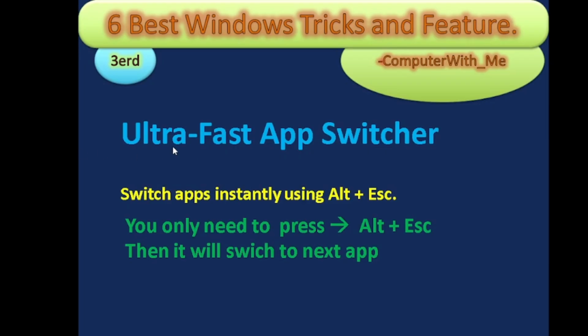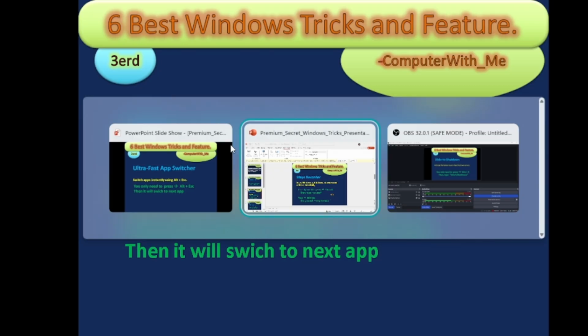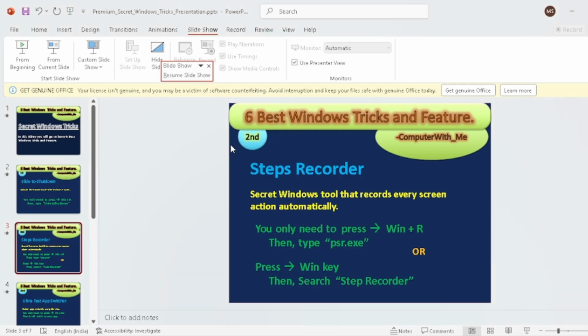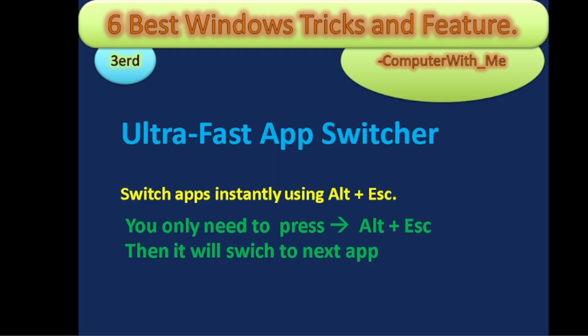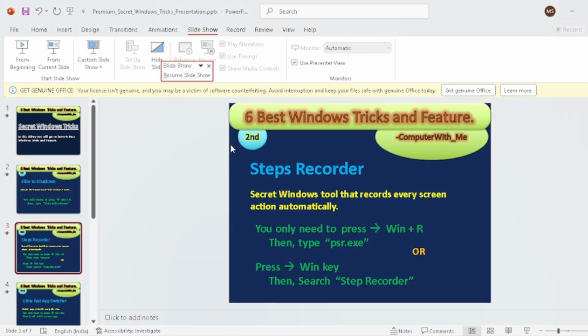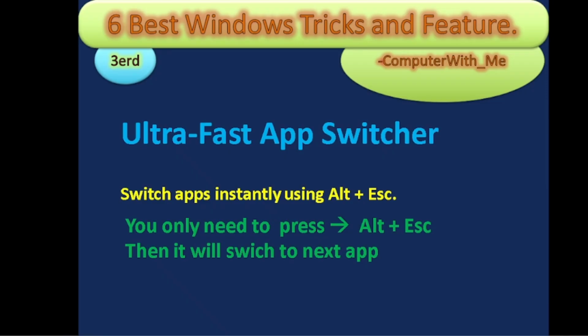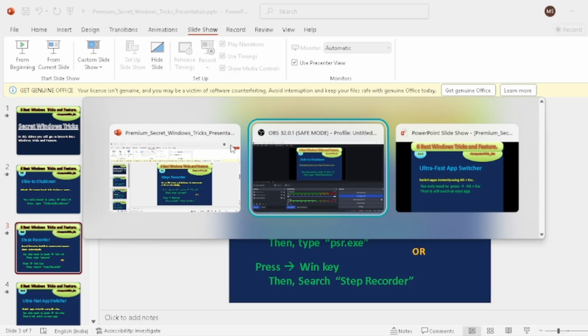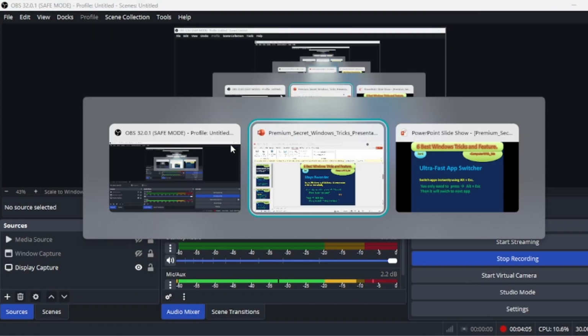Next, you think Alt and Tab, it's not a good thing. If you do Alt and Escape, just see it, you can shuffle too. Like if I Alt Tab, so here's this OBS window, not this one.